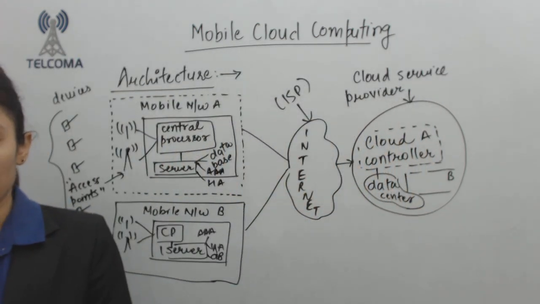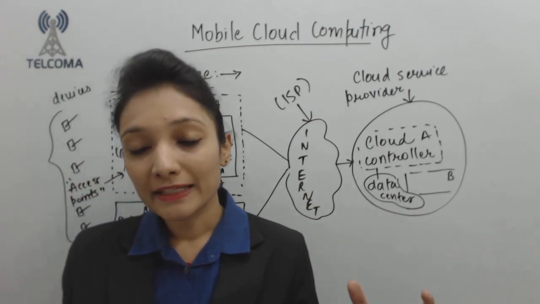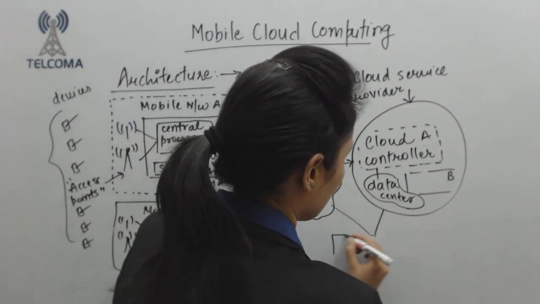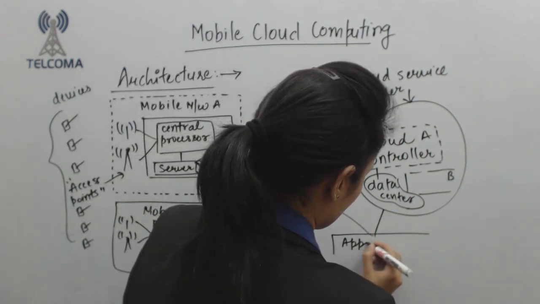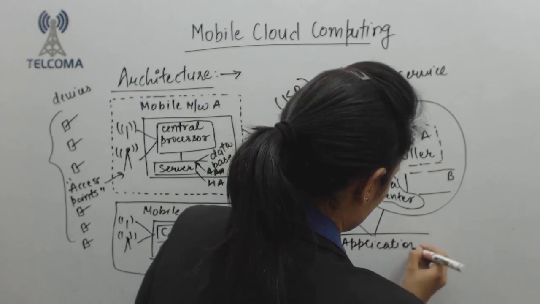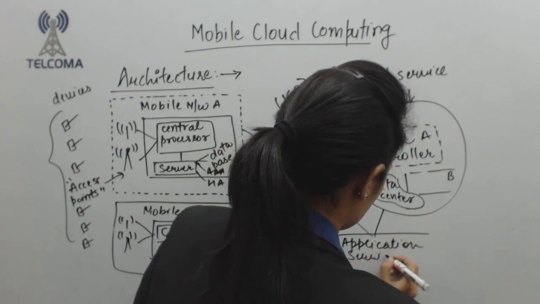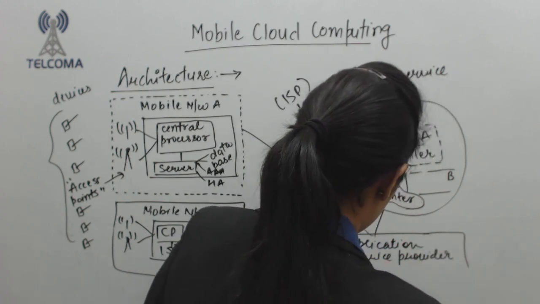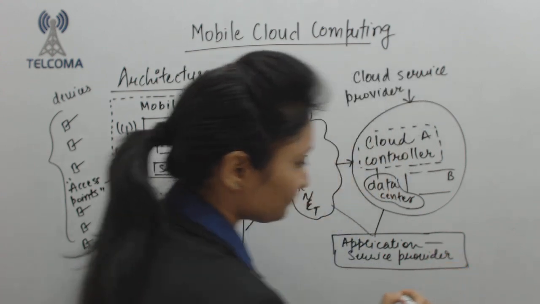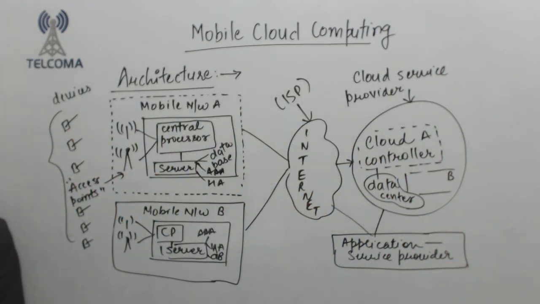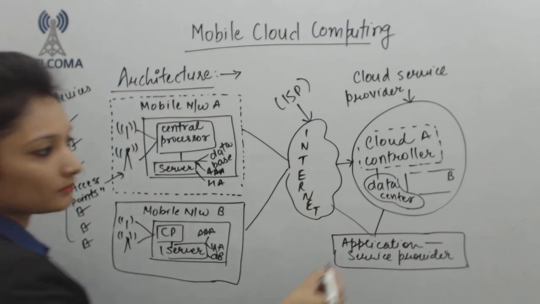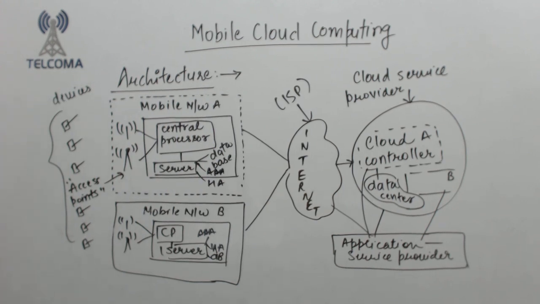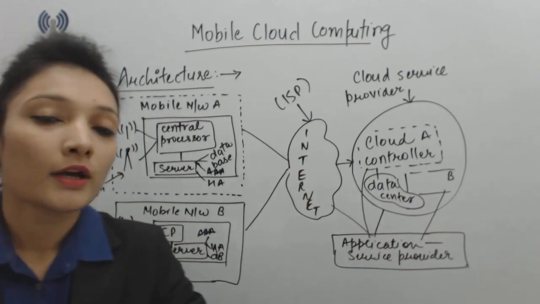After that, we have the application service providers also, which are connected like this. The application service provider could be connected like this. So this is the architecture for your mobile cloud computing.